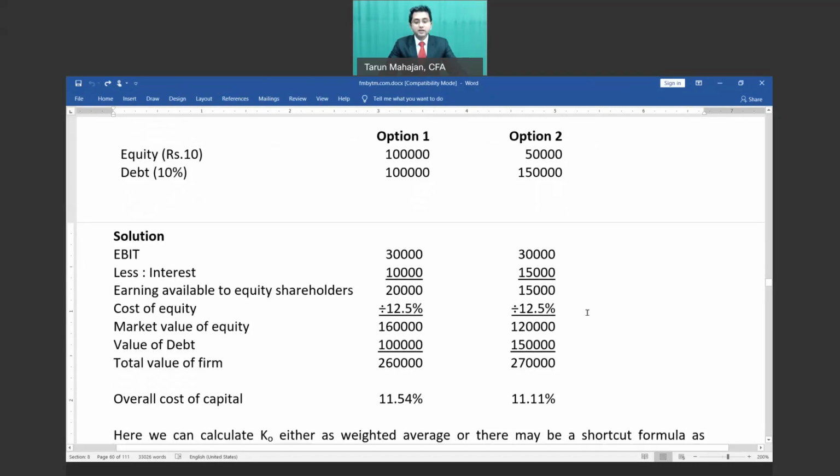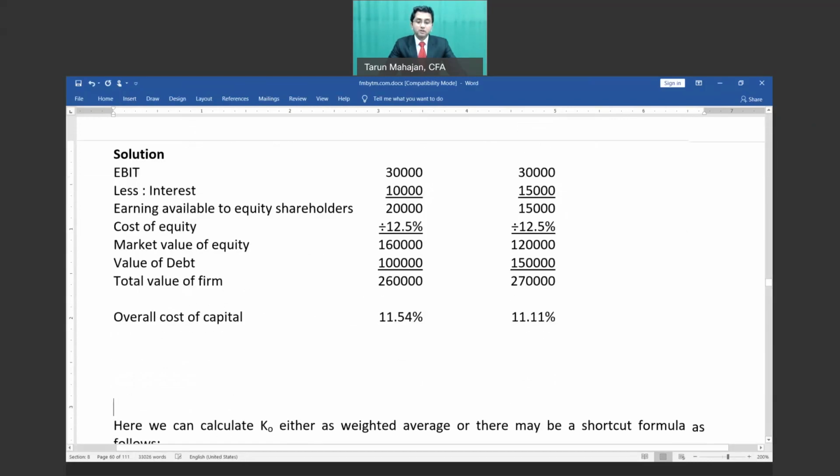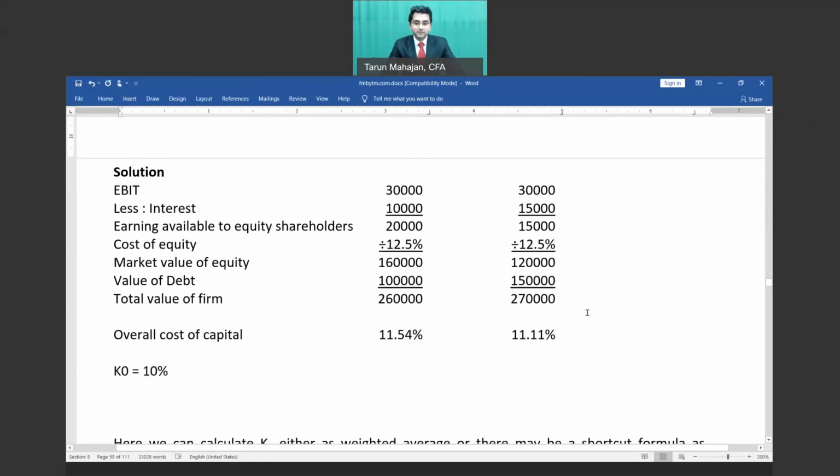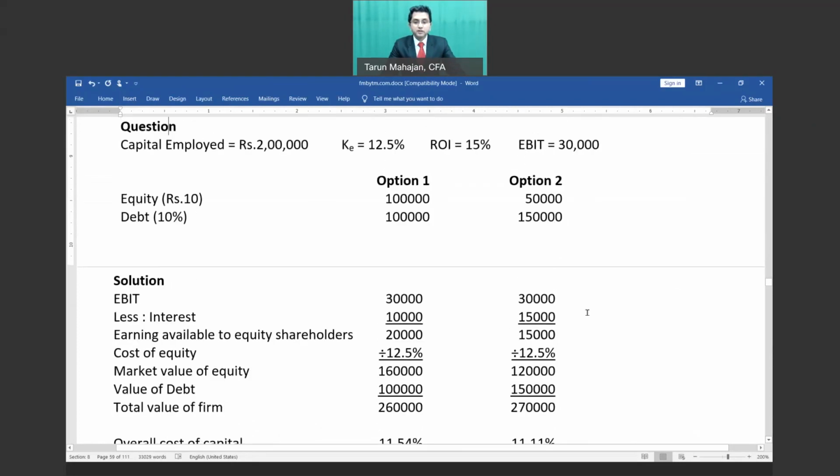Now I calculate overall cost of capital. So KO is equal to KD, in this case, KD is 10%. Have you observed that I have ignored tax? We have assumed that there is no income tax.